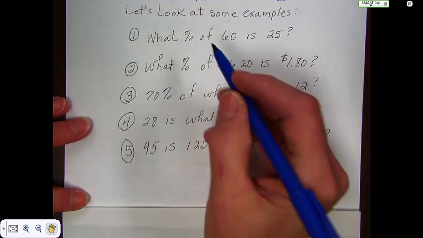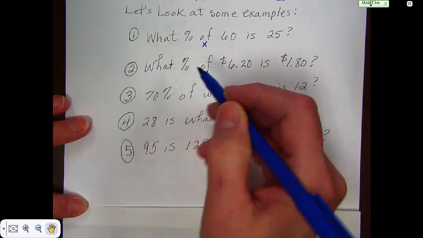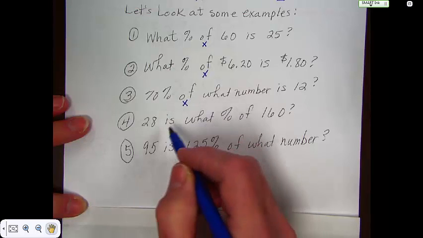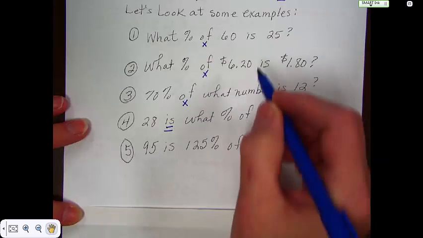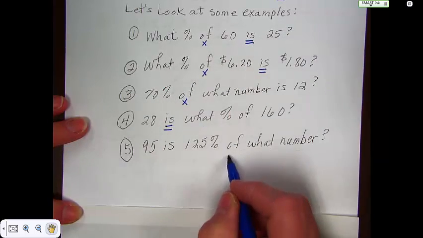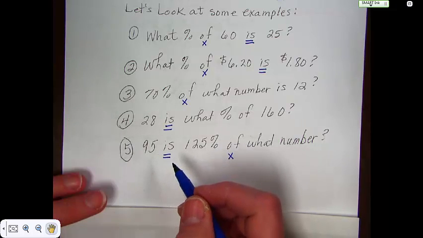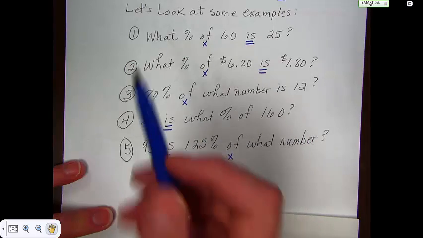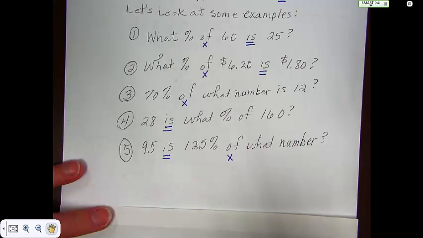Now you have to remember that every time you see of in this situation, you'd be replacing it with a multiplication symbol. Whenever you see is, you're going to be replacing it with an equal sign. That should help you set up these problems. Always remember that when you're dealing with percents, you have to change those to decimals.